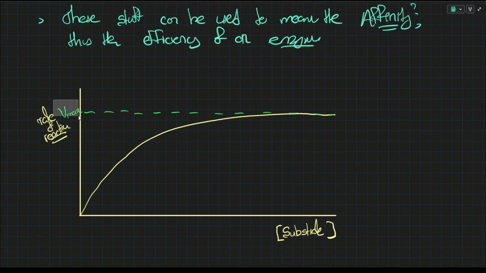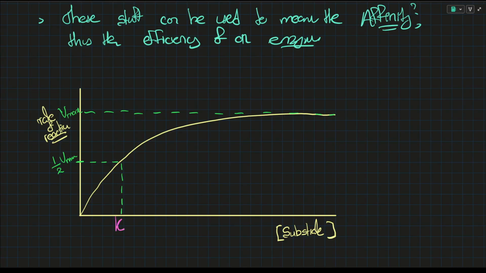Now, if this is the maximum velocity, halfway through this would be the half max, right? If this is the entire thing, halfway through, around here, maybe. So that's going to be the half Vmax. Okay, now let's follow along. Half Vmax. Now we can obtain what the corresponding x-axis value is.